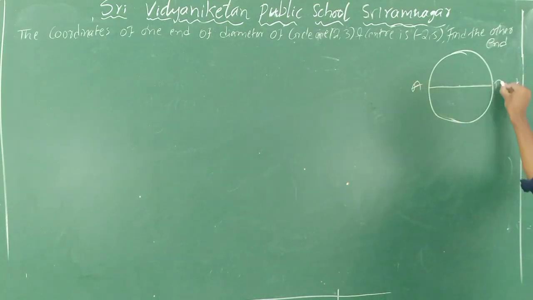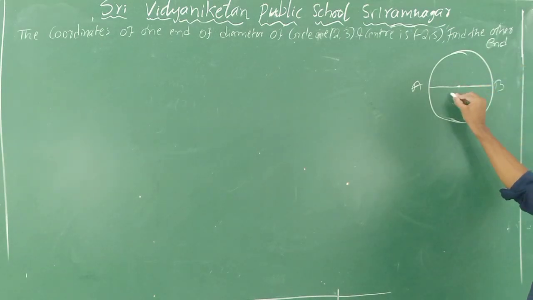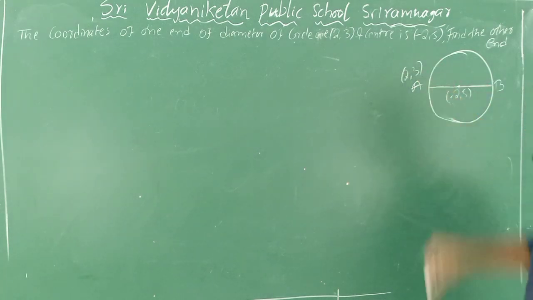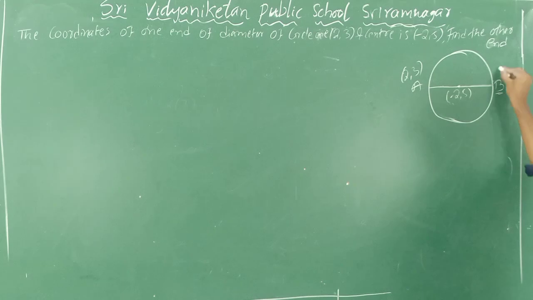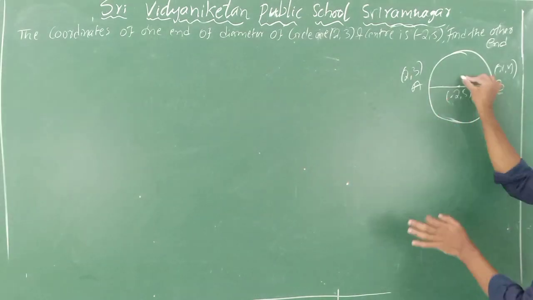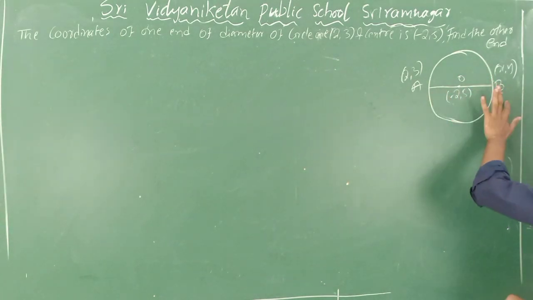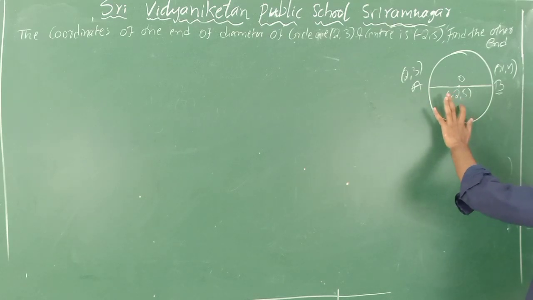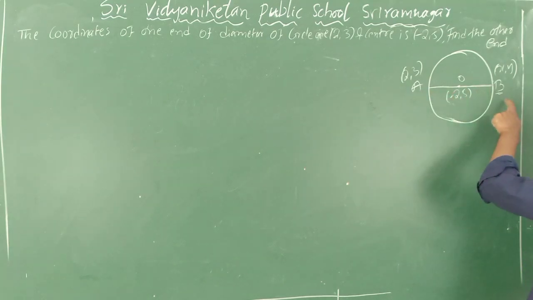Name it AB. The center is given, -2, 5. One end is given, that is 2, 3. B we have to find. Now the center is the midpoint of the diameter. So the midpoint is given, one end is given, the other end you have to find.